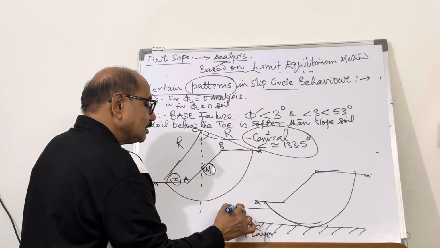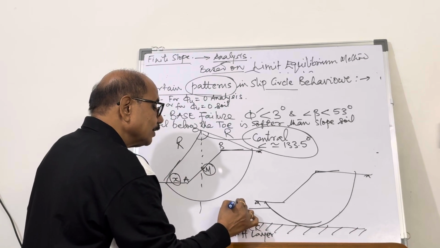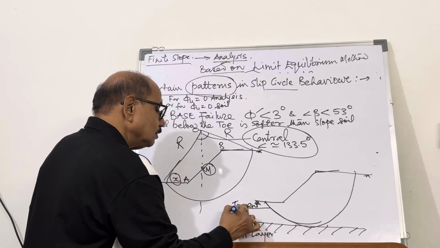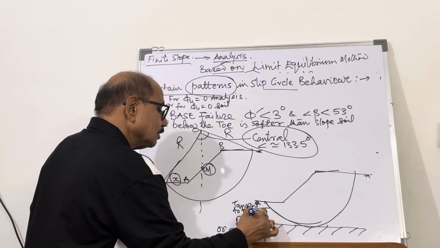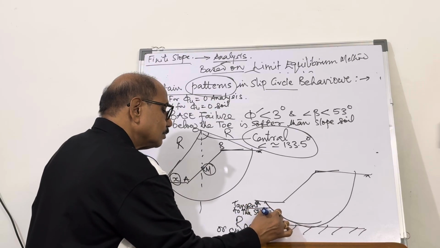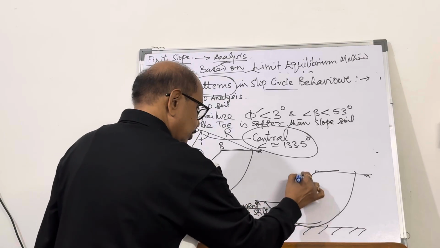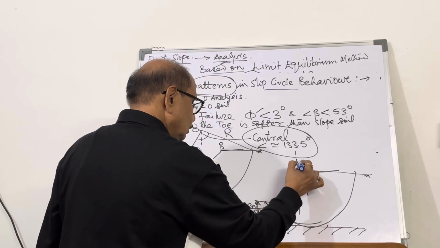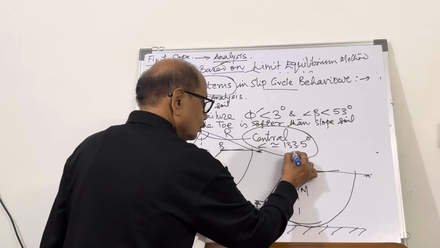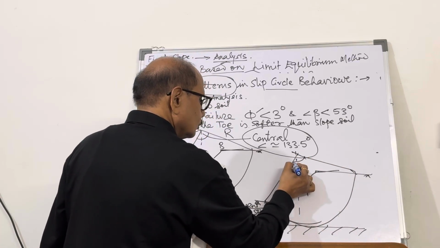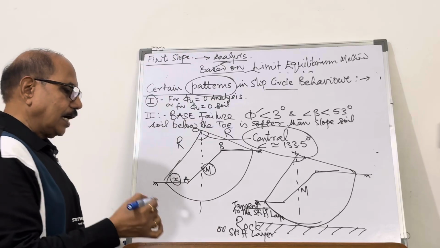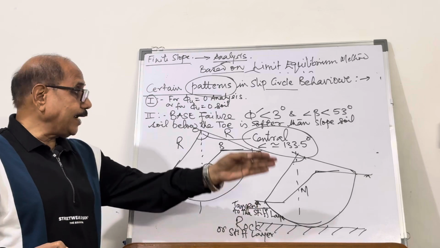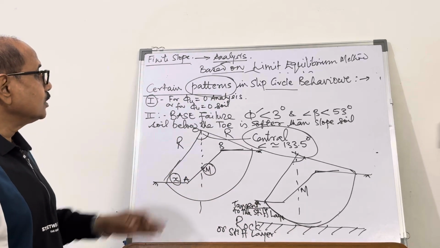So this slip circle is going to be tangent to the stiff layer. Here also, this is the midpoint, and you know how to locate the slip circle.